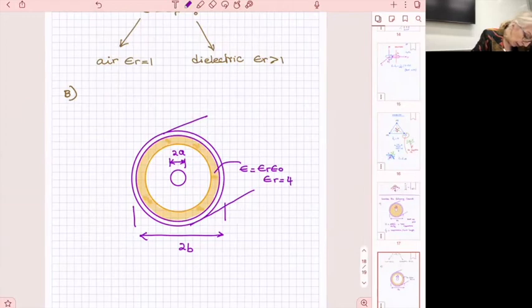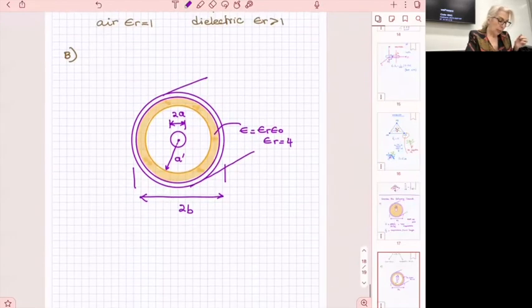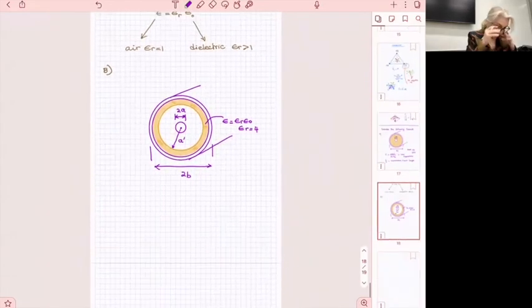And where now this one here is, let me say from the center, this is A prime. How would you think to solve this problem?